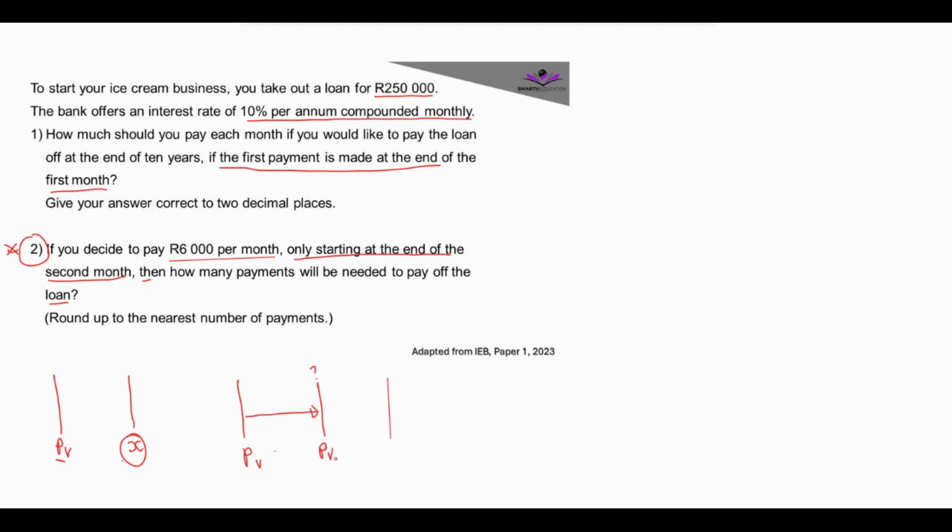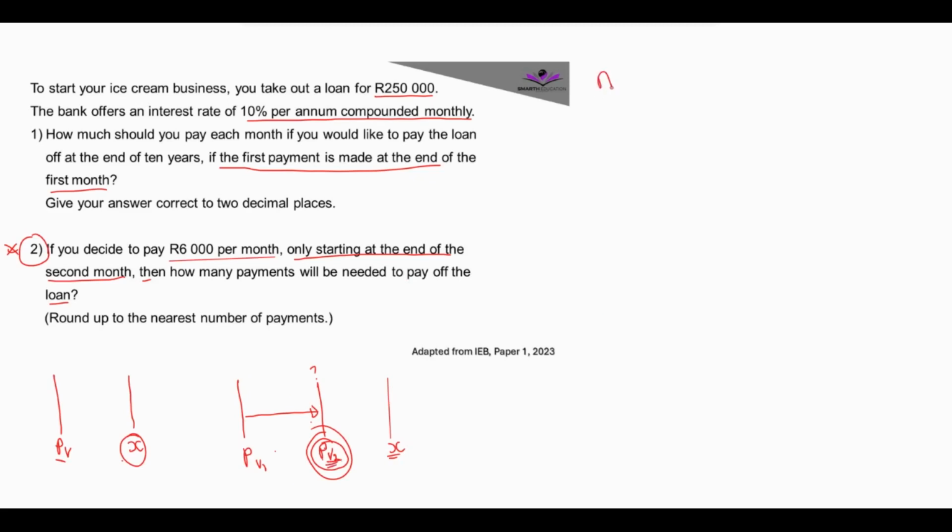Let me call it PV2. This is the loan amount after it has gained interest for 1 month. Then you start the payment in the second month. So we have to get this first, and then after that we can calculate the number of payments to be done. Okay, let's start by getting this amount.